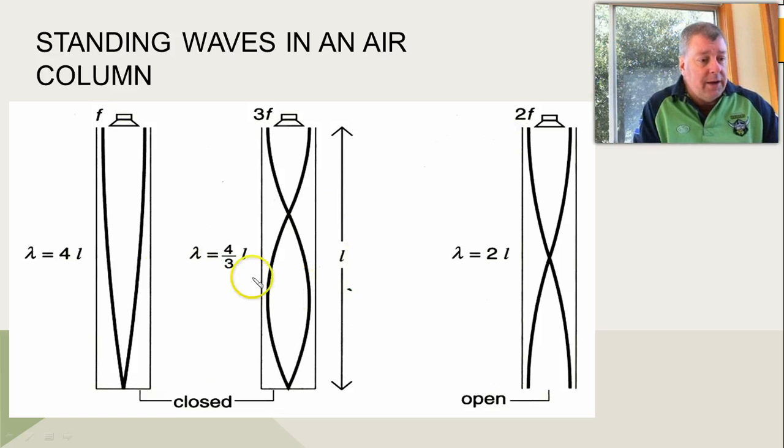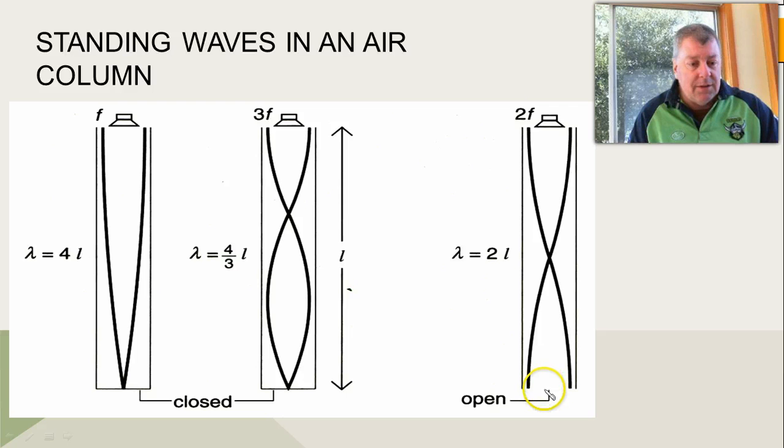Now, we'll go through our next slide, and we'll show you a progression of these. With it being open at both ends, we have a similar arrangement, in that hopefully you would recognize that this represents half the wavelength, and therefore the whole wavelength is 2L. Now, we don't have to have a source at this end. What happens is that the wave bounces back.